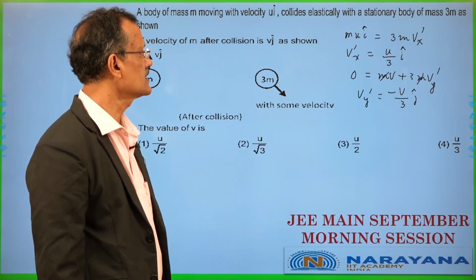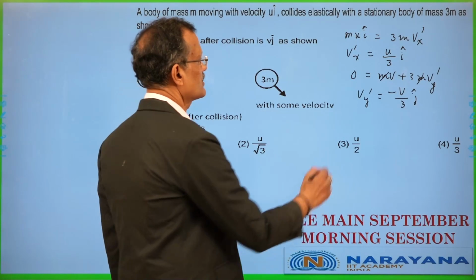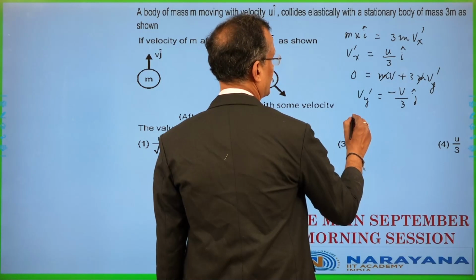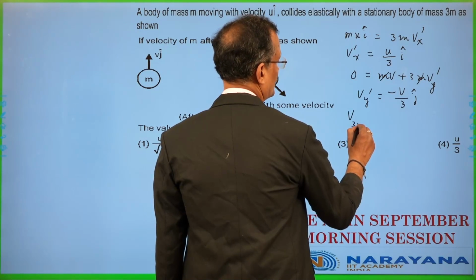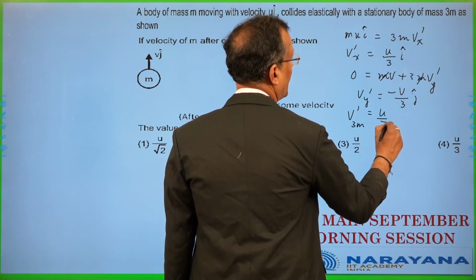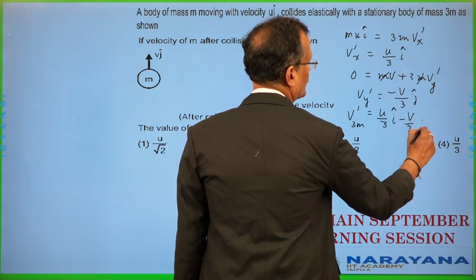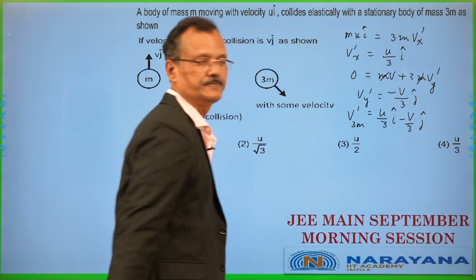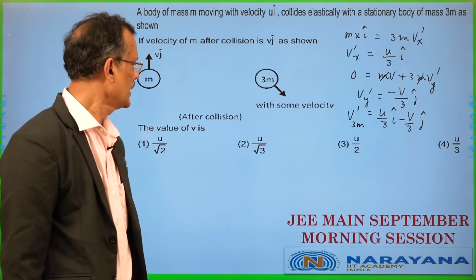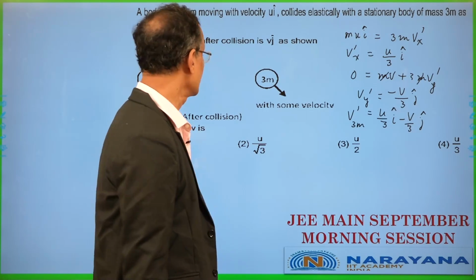If you want the velocity of 3m, how much are you getting? The velocity of 3m, that is your v dash, is u by 3 i minus v by 3 j. Clear to you?